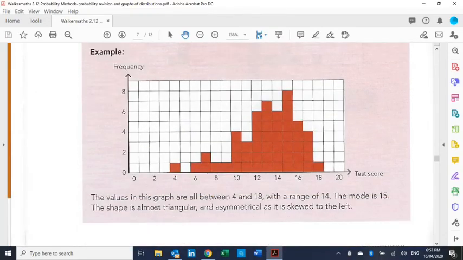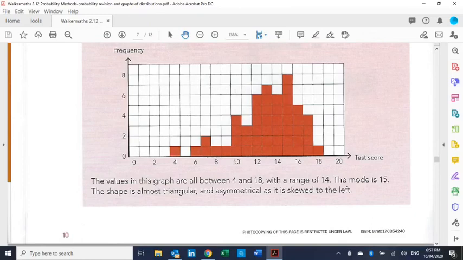Right. Okay. So if we look at these, all the data are between 4 and 18. Right? So 18 minus 4 gives us a range of 14. The mode is 15, and that's simply because that's the one that occurs most frequently. So the highest point of your distribution is 15, right? Halfway between there.